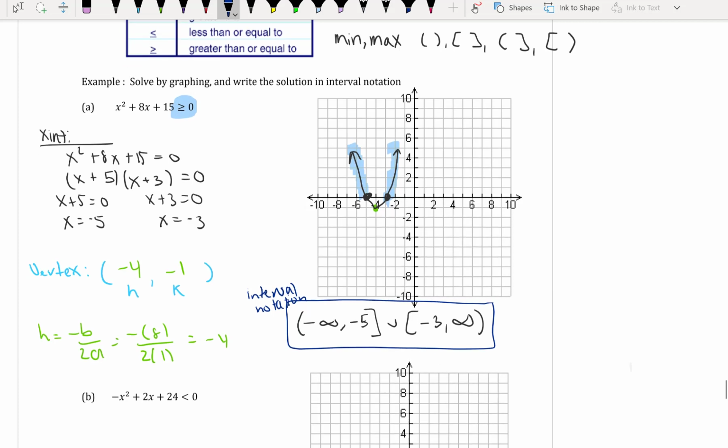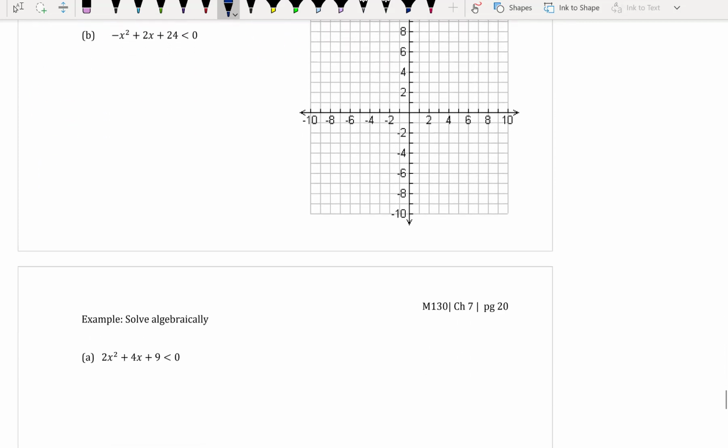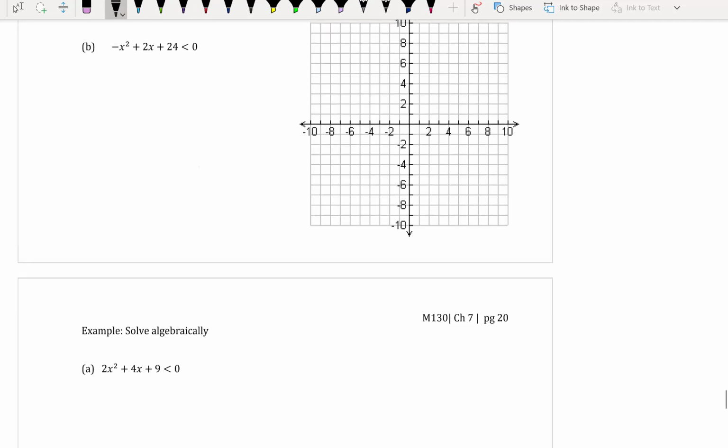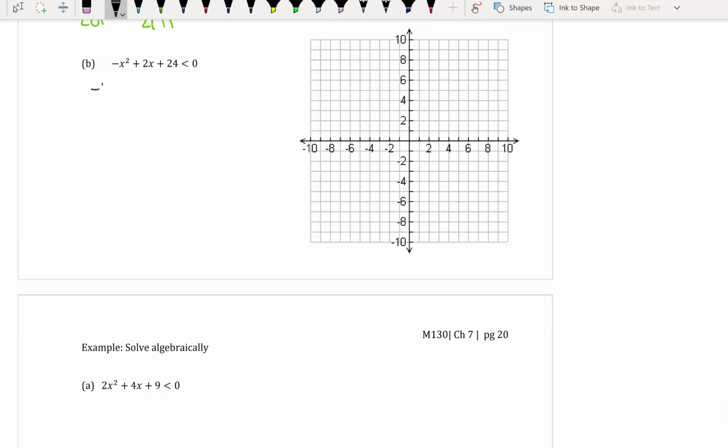So now let's think about the second one. Here I'm going to go ahead and factor out a negative 1. So I have negative 1 times x squared minus 2x minus 24 is going to be less than 0. If I'm looking for my x-intercepts, I'm going to go ahead and factor and set this equal to 0.